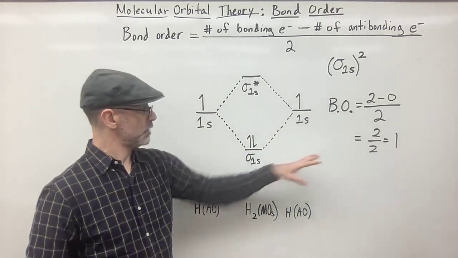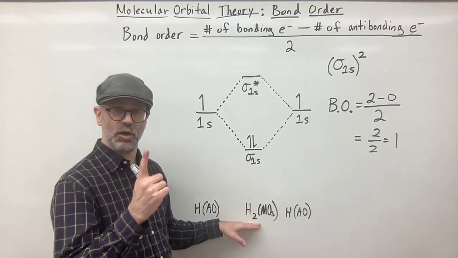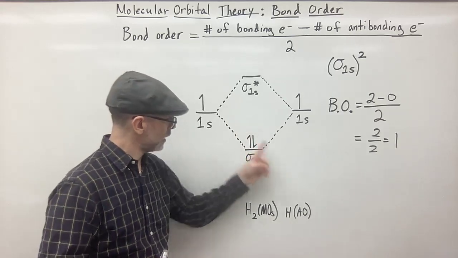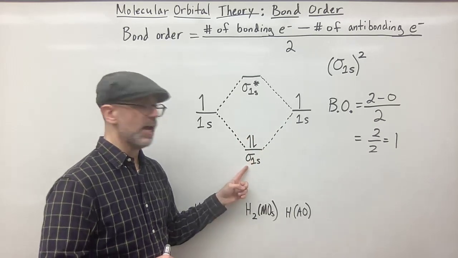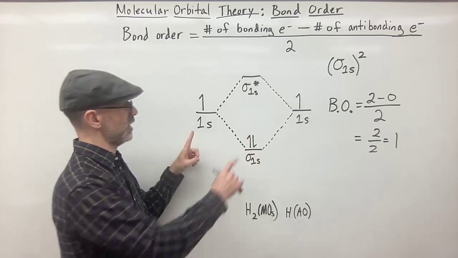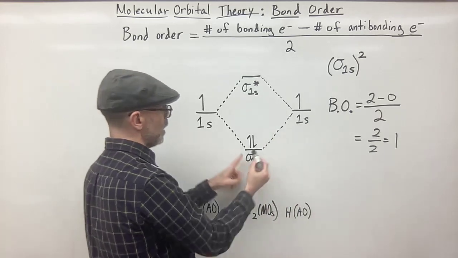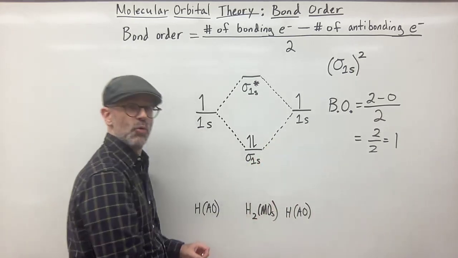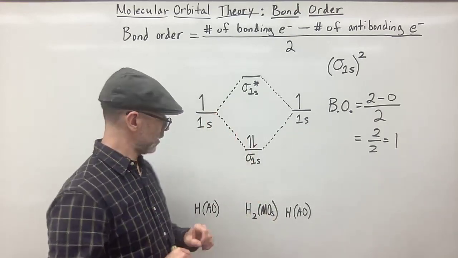As we said before, the hydrogen has a bond order of 1. It's a single bond. This is because the 2 electrons are filling in your bonding molecular orbital here. And notice that this molecular orbital is lower in energy than the 2 separate atomic orbitals. So this is much more favorable. This molecule readily forms when you have 2 atoms of hydrogen bonding together.